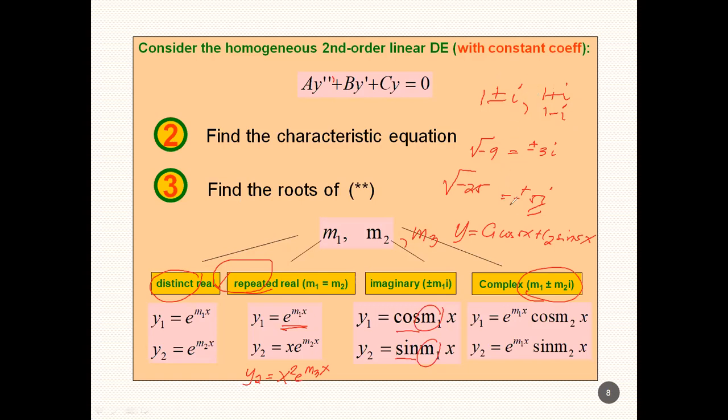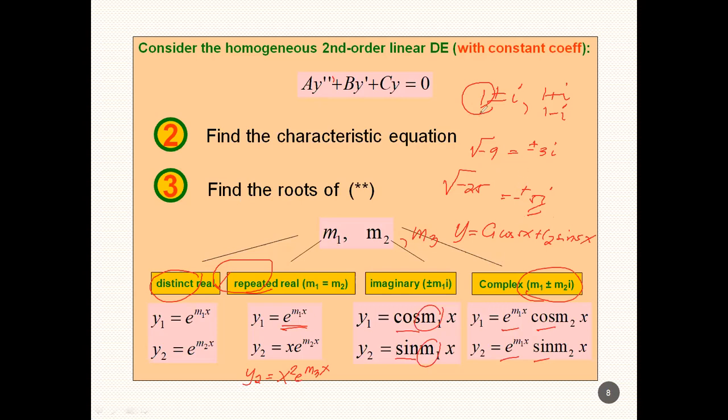If you have complex roots, you will now use both the exponential and the cosine and sine functions. The exponential function, which is being multiplied to the cosine and the sine, will have its argument representing the real part of your complex root.